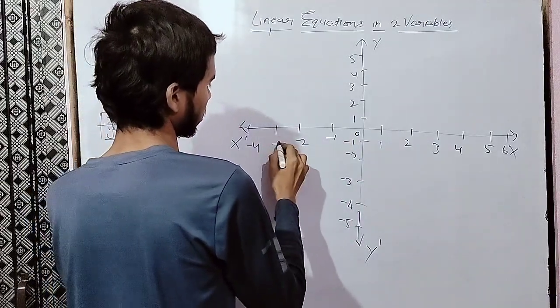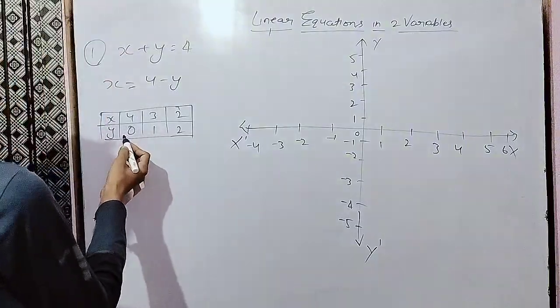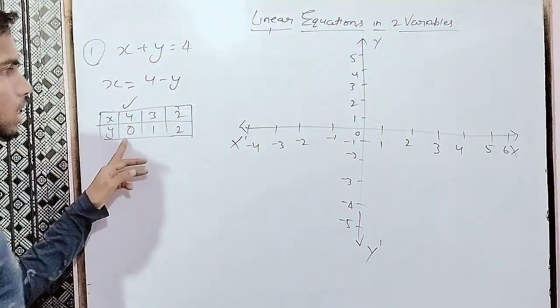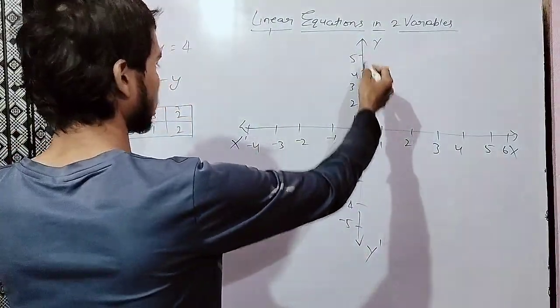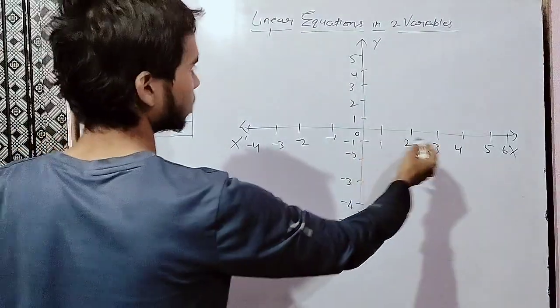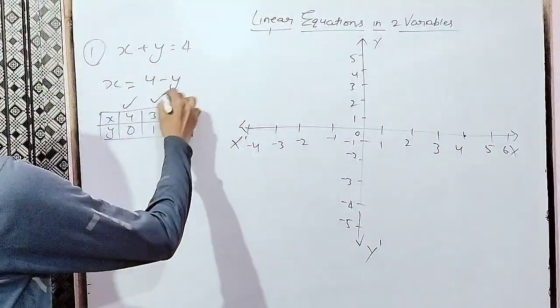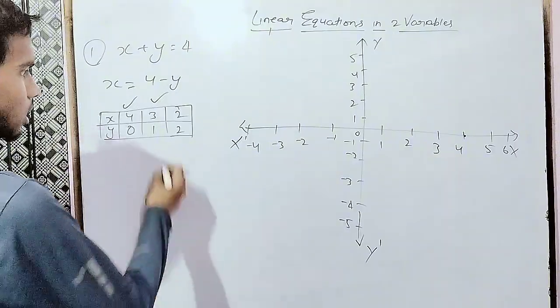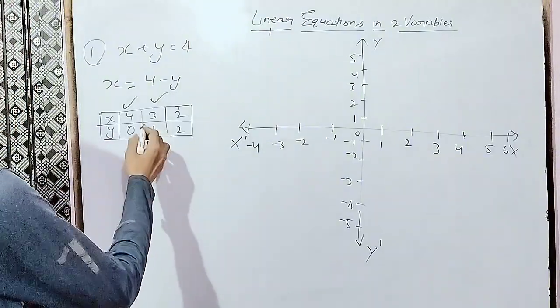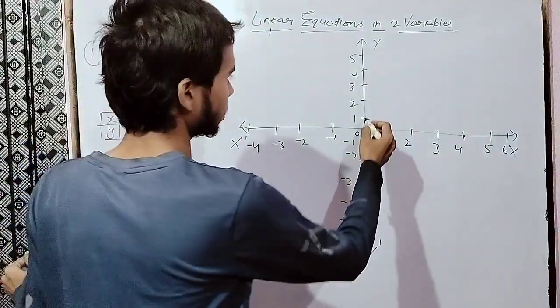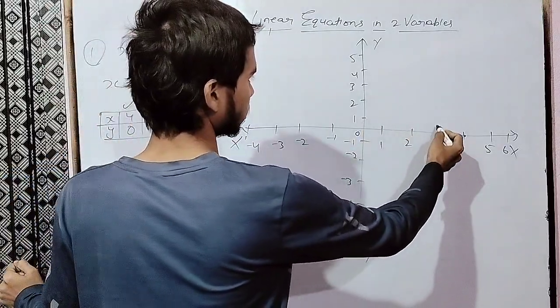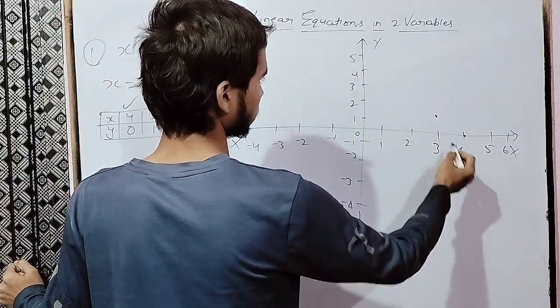Here, first, y is 0 and x is 4. This is one point here. Second, x is 3 and y is 1, so this is 1 here.